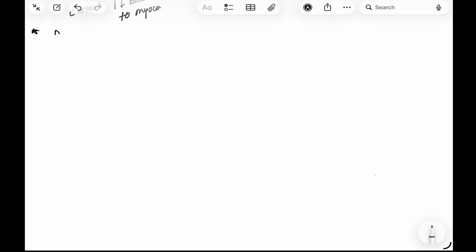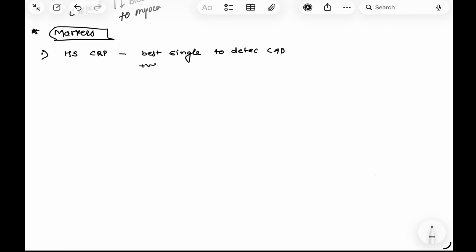Now what are the markers that are associated with atherosclerosis? The first one is high sensitivity CRP. It is the best single test to detect CAD. If it is positive, then it is a predictor of future CAD.